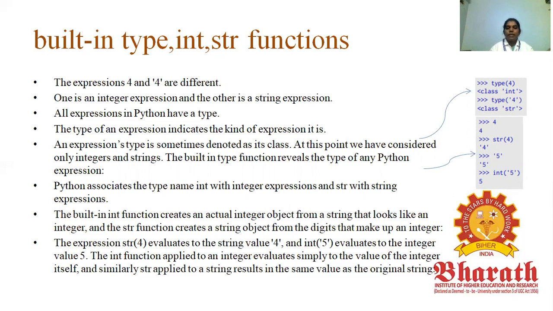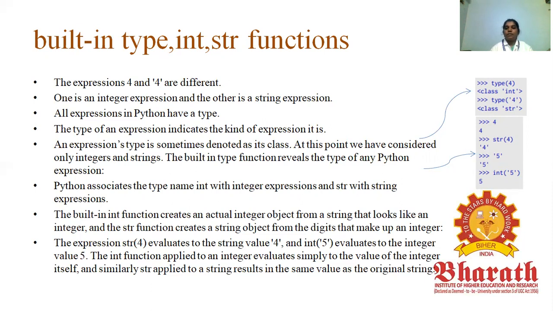Now look at the example screen. What is the type of 4? 4 is an integer expression, so its data type is int. It is displayed along with the keyword class followed by int, which is the data type.